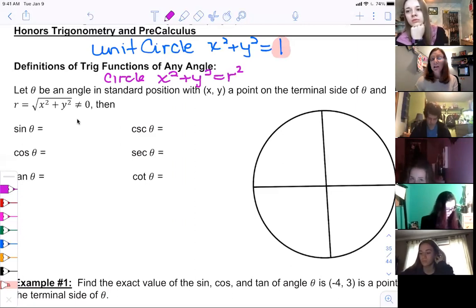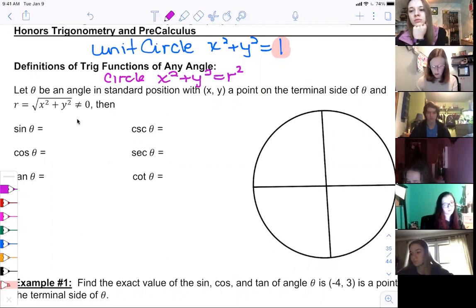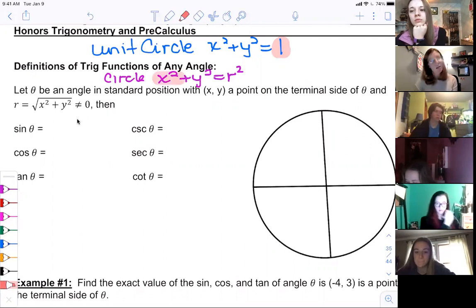So if I'm on any circle, it says let the angle theta be in standard position, which we know the vertex has to be at the origin and it has to start on the positive x-axis. It says (x, y) is a point on the terminal side of theta, and r is equal to the square root of x squared plus y squared, and it can't be 0. And that's just using the equation of a circle and solving for the radius right here. That's where we get that formula.